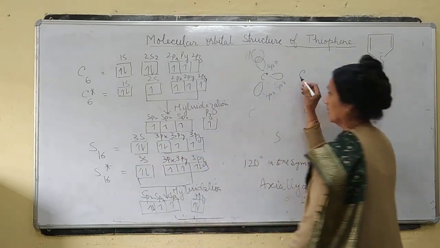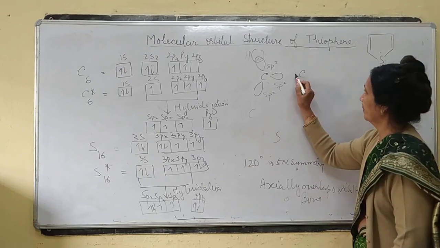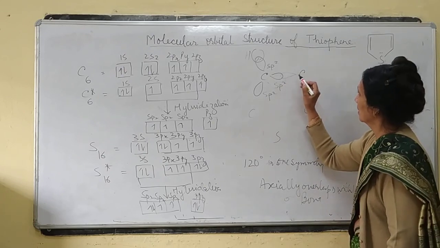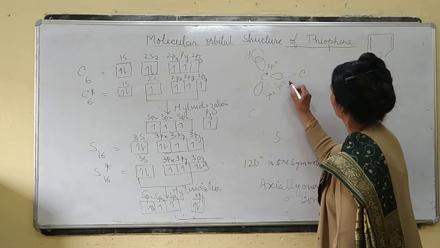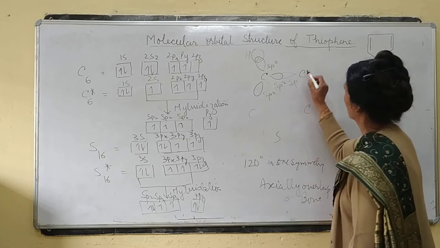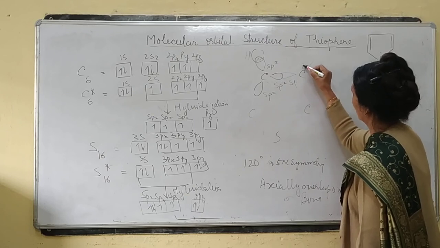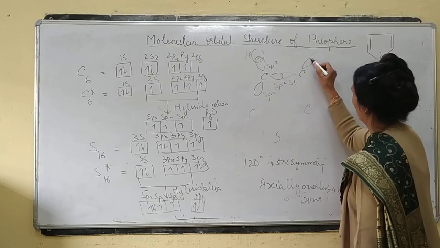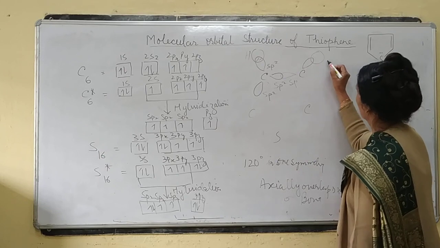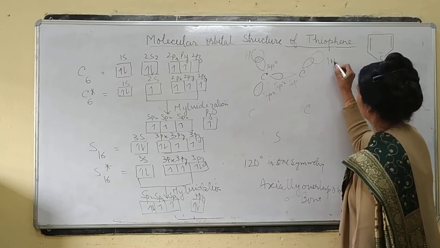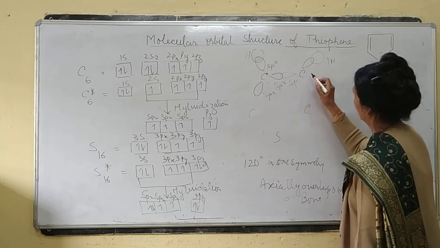Similarly, this carbon atom's hybridized orbital overlaps with this sp2 orbital, and its one sp2 orbital axially overlaps with a hydrogen atom.